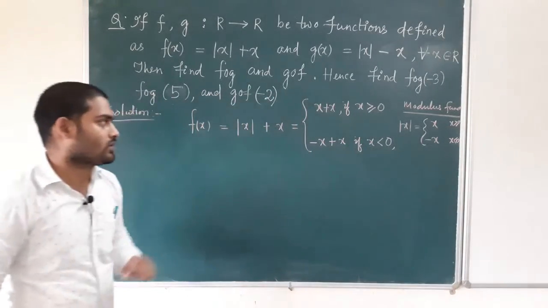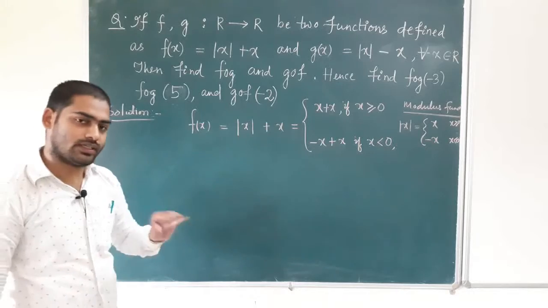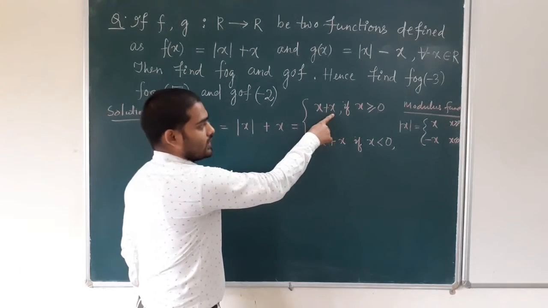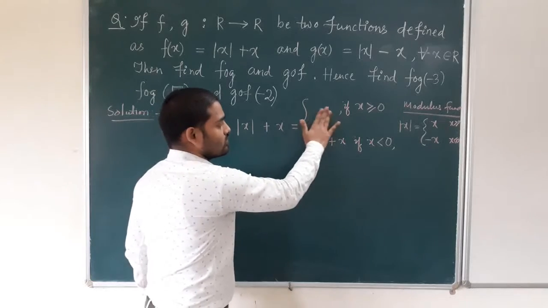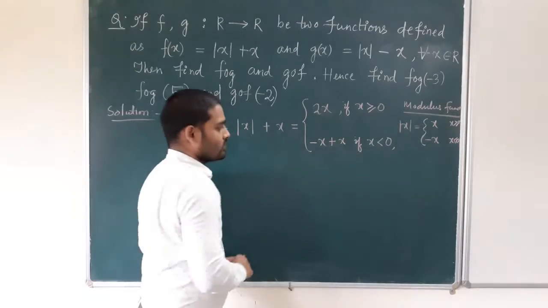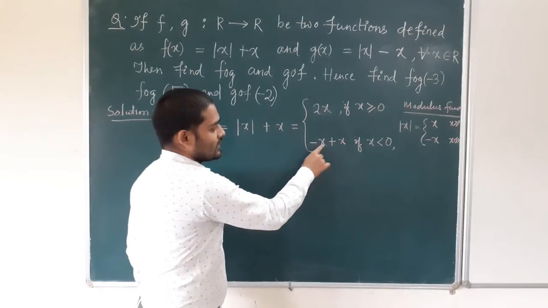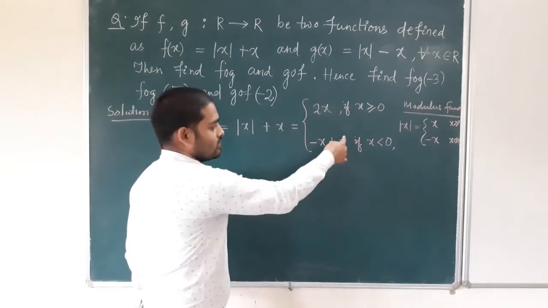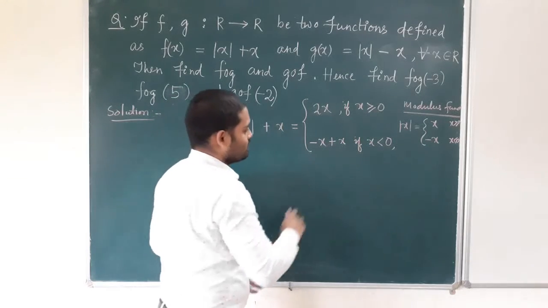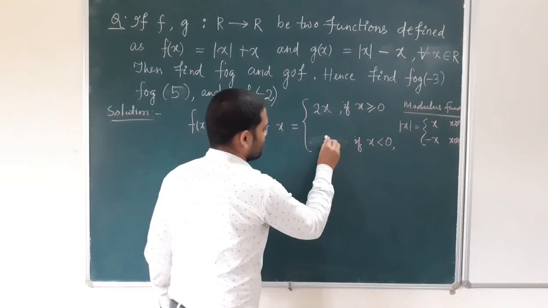Now x plus x is equal to 2x, and minus x plus x is equal to 0. So you can write here 0.